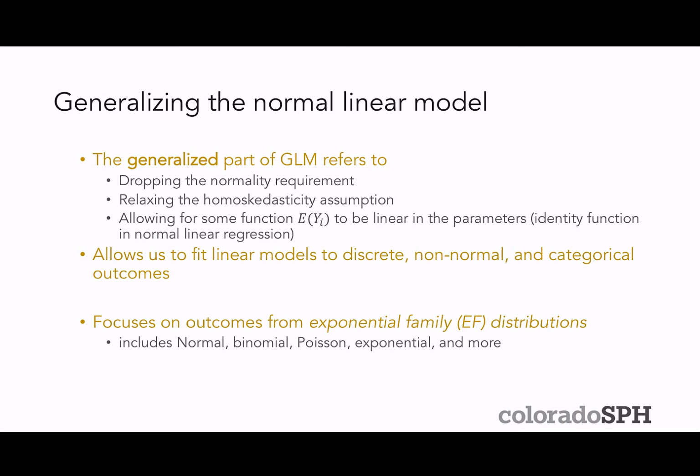What this allows us to do is fit linear models to discrete, non-normal, and categorical outcomes. Specifically with GLMs, we focus on outcomes that can be said to have a distribution that comes from the exponential family of distributions. This is a class of distributions that includes a lot of them that you've already seen, like the normal distribution, the binomial distribution, Poisson, and more.